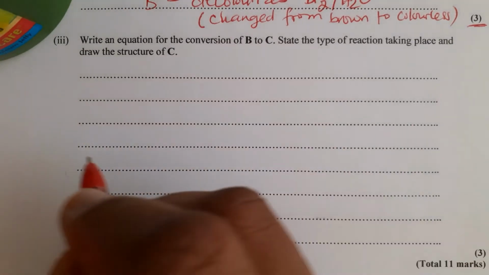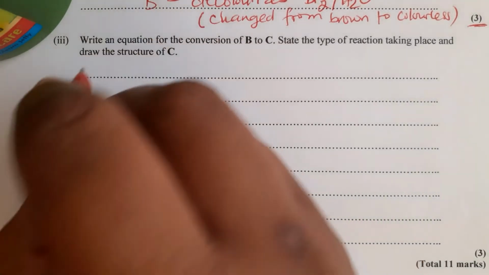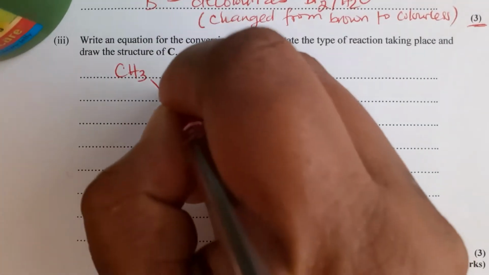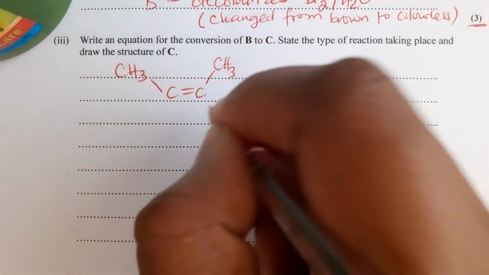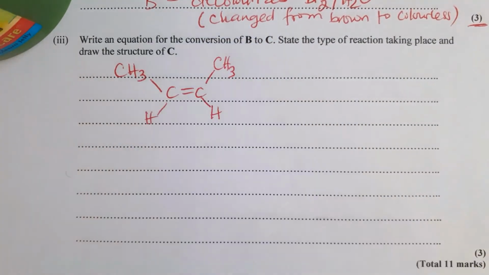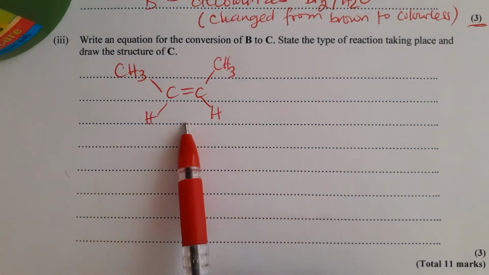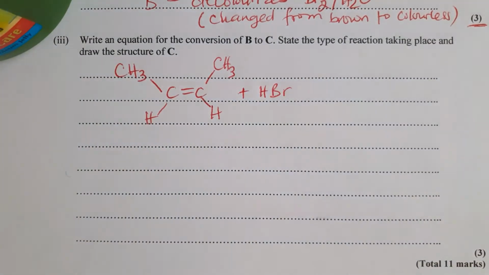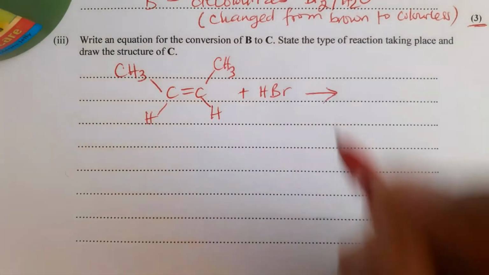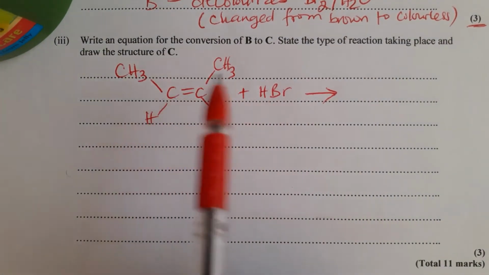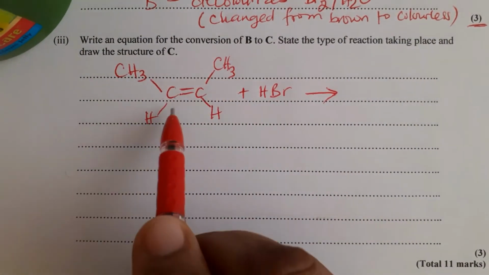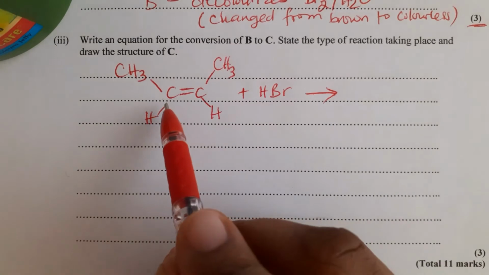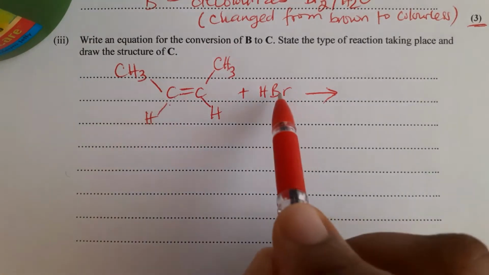So we're going to quickly then copy compound B into our booklet. And then we need to then state that HBr was added. And then remember, when you add across the double bond, the bond becomes saturated, the carbons become saturated, and the hydrogen will add to one of the carbons, Br would add to the other.